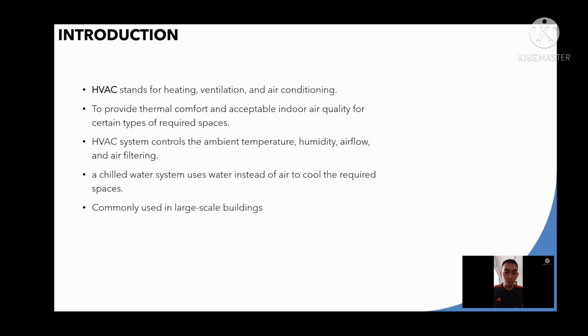Then, a chilled water system uses water instead of air to cool the required spaces. The chilled water system is commonly used in a medium to large scale building.